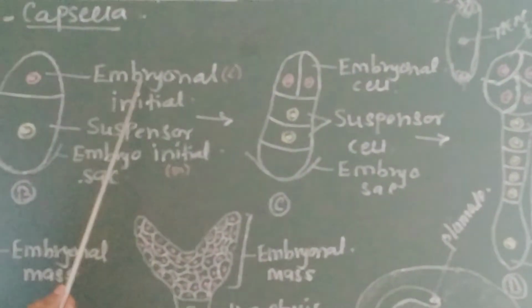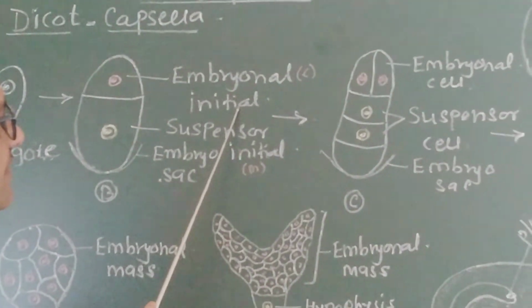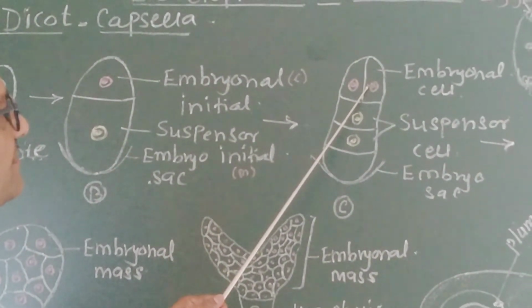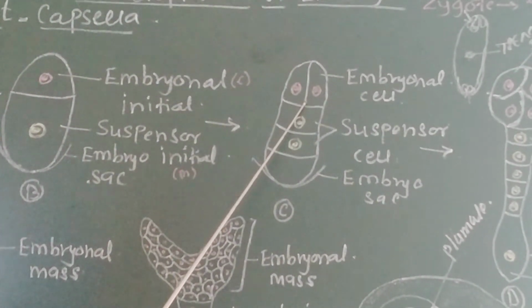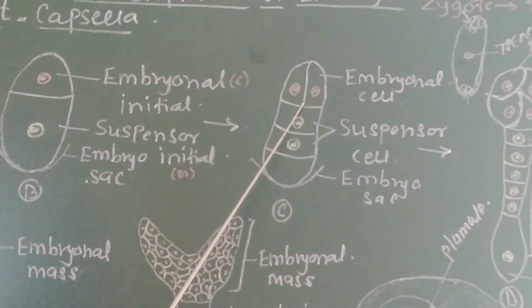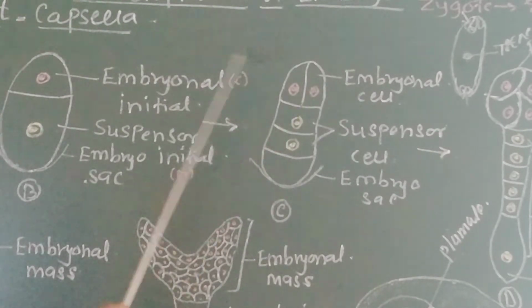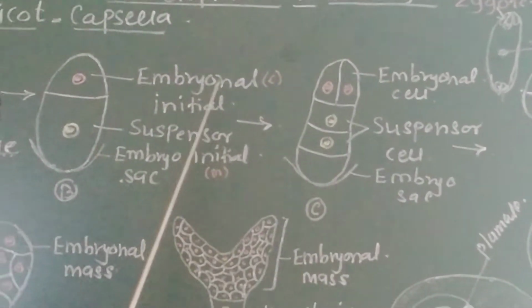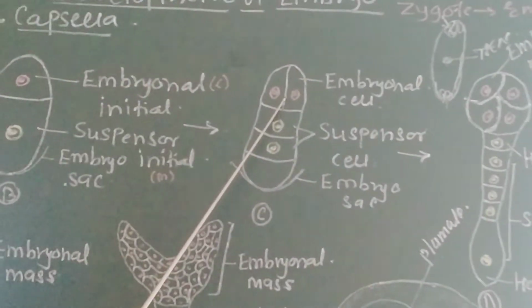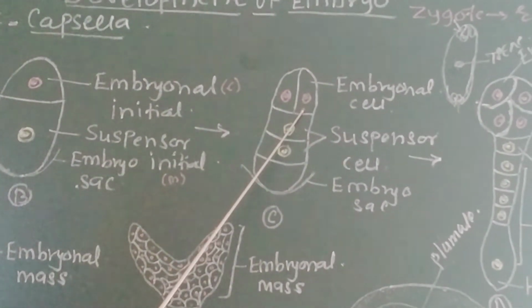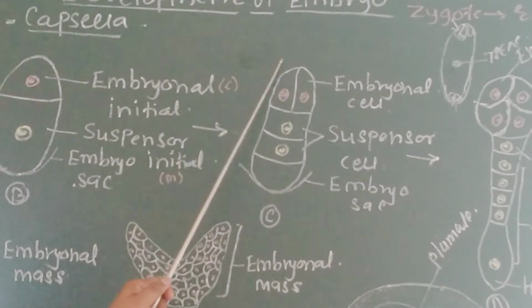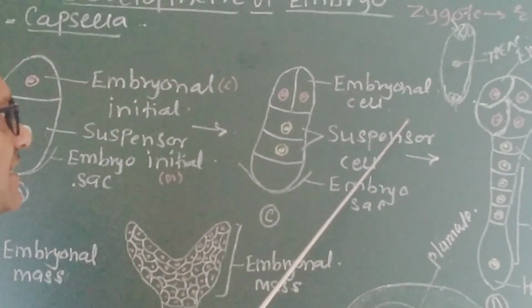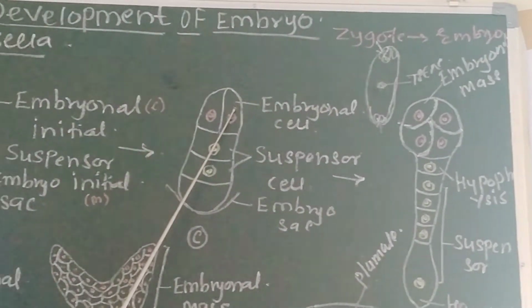Now, the embryonal initials divide vertically or longitudinally, and from one embryonal initial two embryonal cells are formed. Now, three successive mitotic divisions take place.